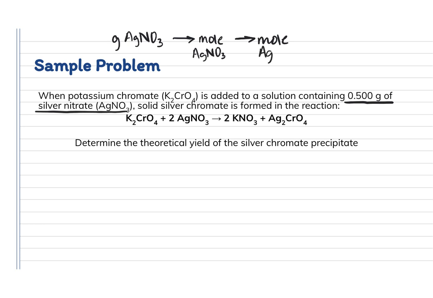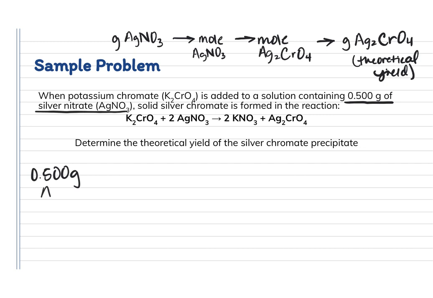That's silver chromate. So that middle step is going to be our mole ratio. I'm then going to convert it into grams of Ag2CrO4, and that's going to be my theoretical yield. So all I'm going to do is the same stoichiometry, the same 3 steps that we've been doing before.